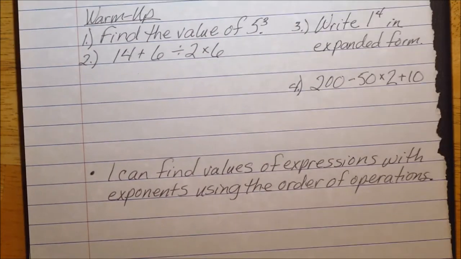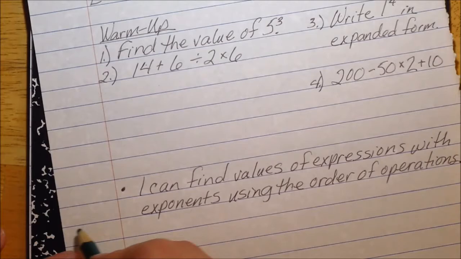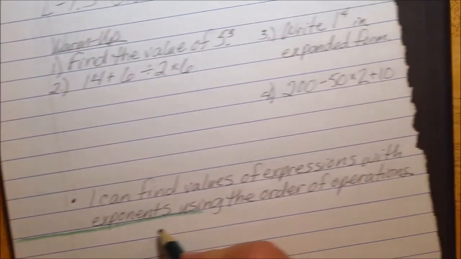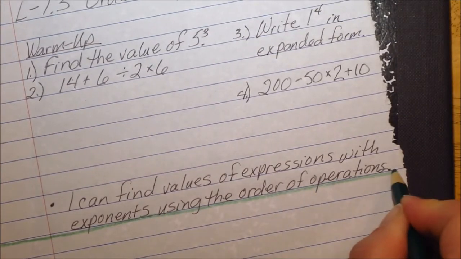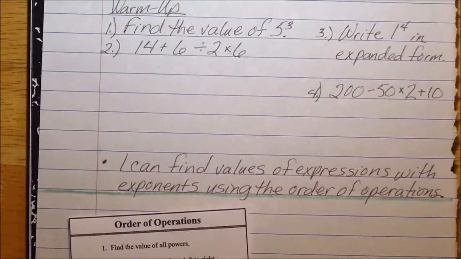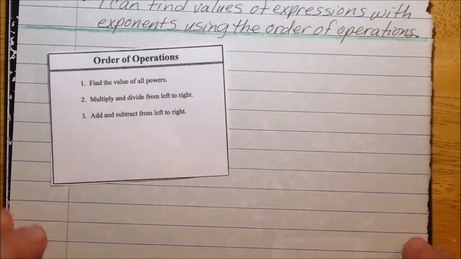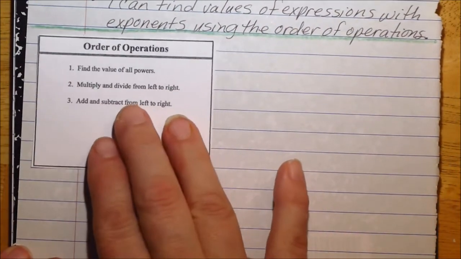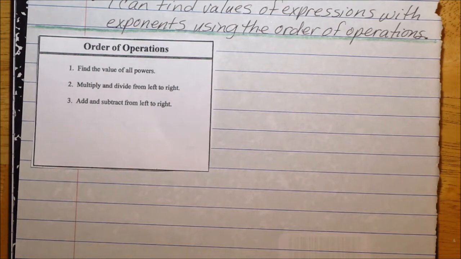Okay, so dark green pencil, draw a line under this, and we'll head straight for examples. All right? So this is very similar to what we already did in lesson 1.1. We're just now covering the PEMDAS step of exponents. So I'm going to be gluing the notes section in the upper left corner.